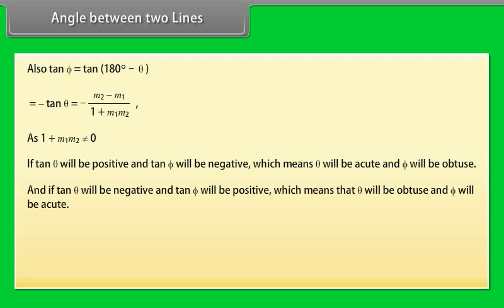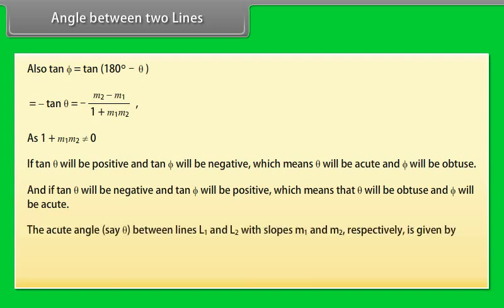And if tan theta is negative and tan phi is positive, theta will be obtuse and phi will be acute. The acute angle, say theta, between lines L1 and L2 with slopes m1 and m2 respectively is given by tan theta = |(m2 - m1)/(1 + m1 m2)|, as 1 + m1 m2 is not equal to 0.